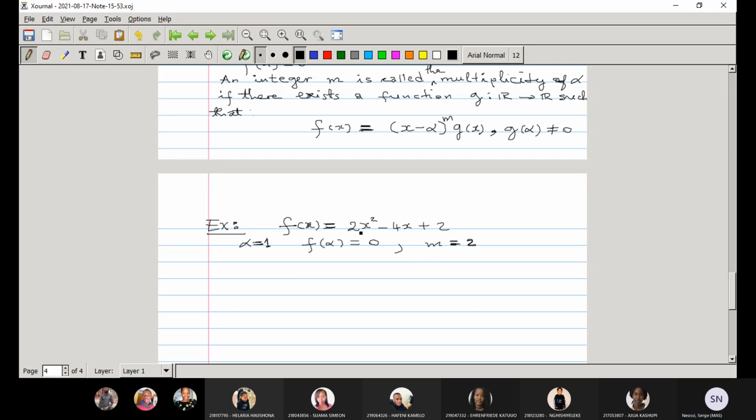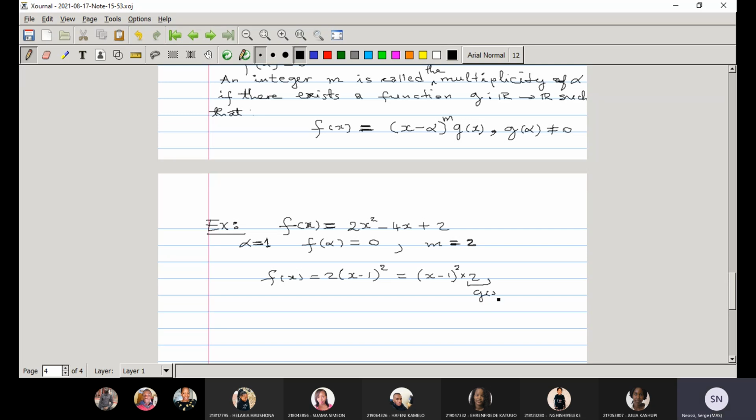Okay, I can write this as 2 into 1 minus that square. You see? Or I can say that this is x minus 1 squared times 2.